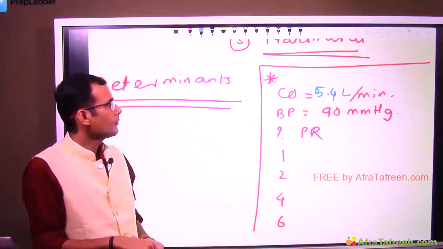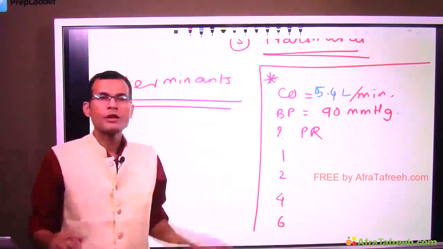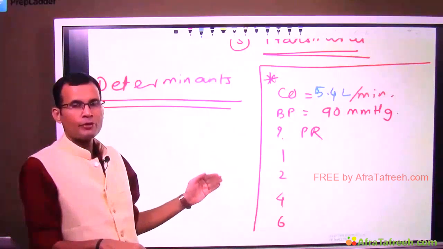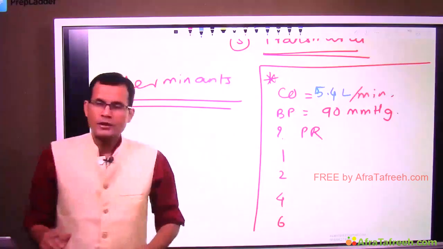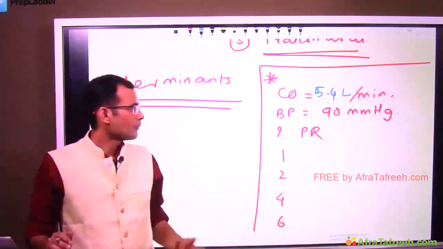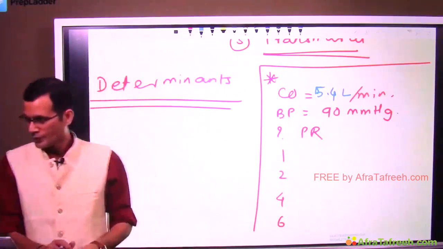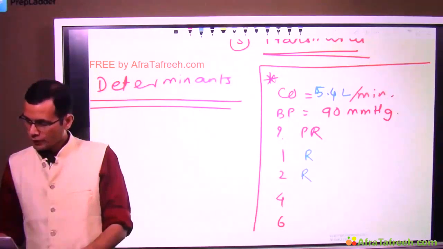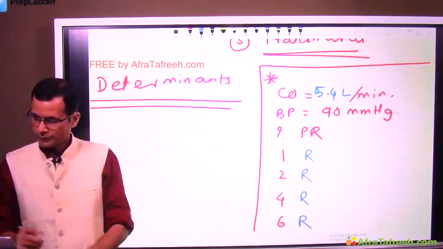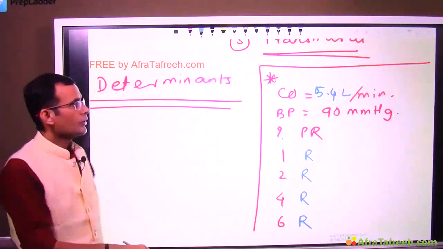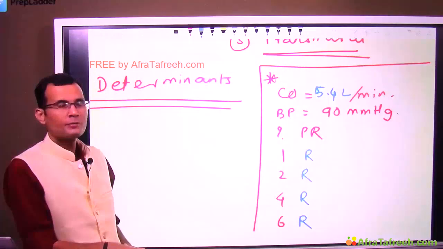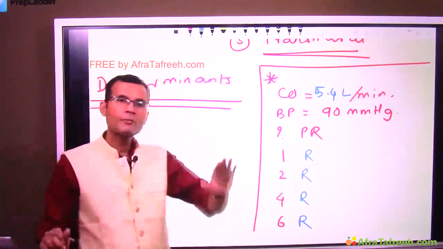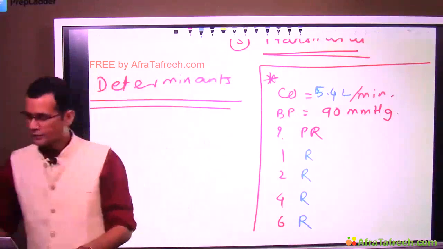So now you must have started calculating 90 upon 5.4, or what is the answer coming? Okay, and the options given are 1 hour, 2 hour, 4 hour, 6 hour. So what's your answer? Okay, in 5 minutes you yourself will give the correct answer.